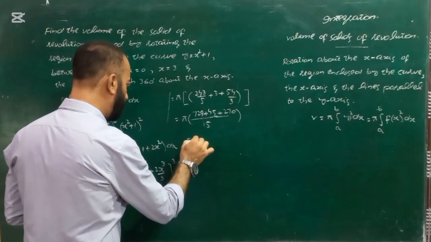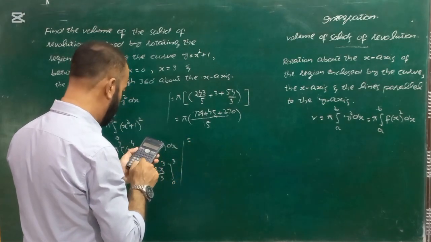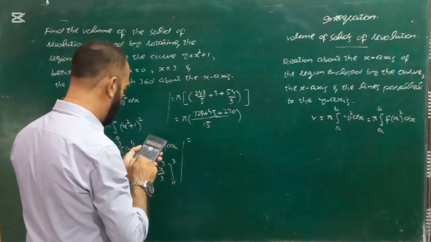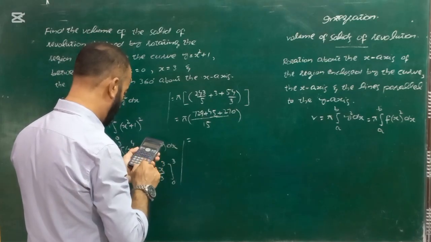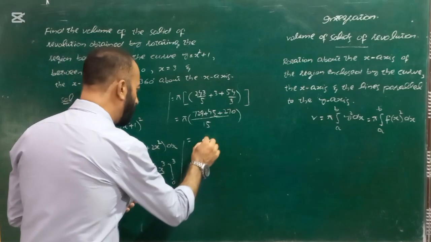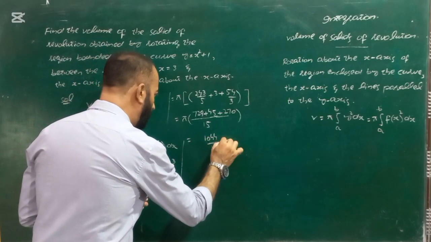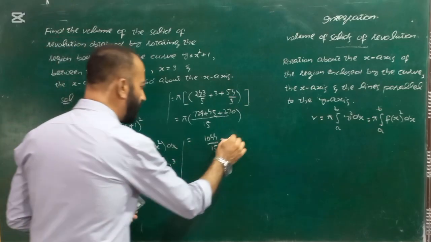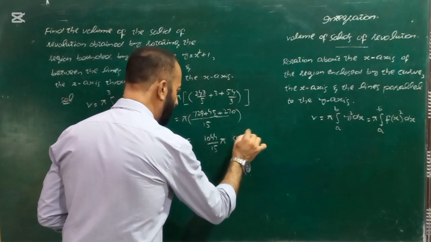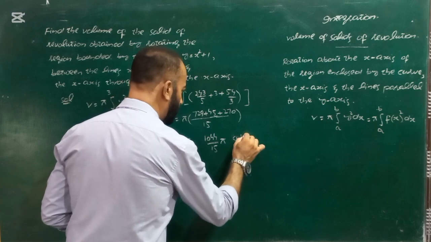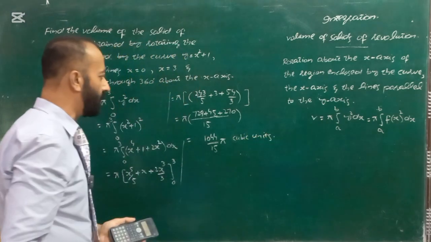Solving it now: 270 plus 45 plus 729 is 1044, over 15 pi is the volume, so it will be in cubic units. So this is the answer.